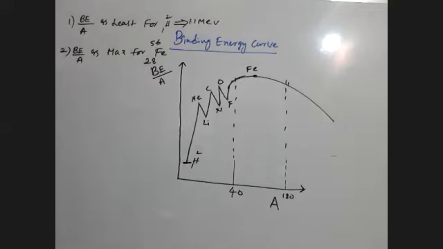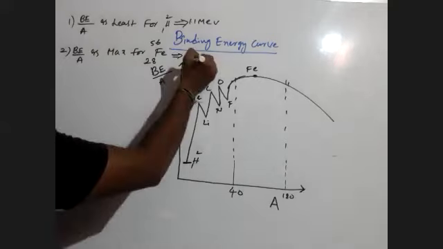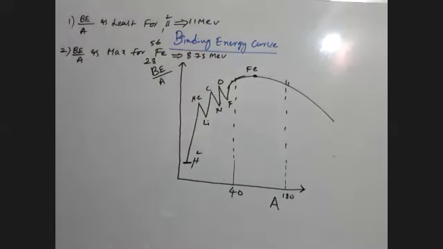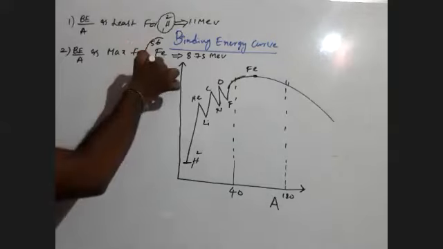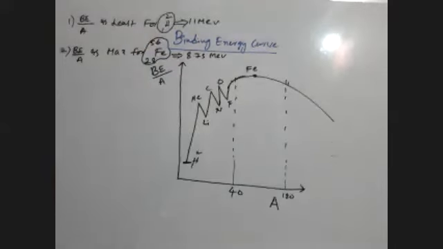For this it is maximum, and its value is 8.75 mega electron volts. The minimum value is possessed by deuterium, H1 2. The maximum value is possessed by iron 28 56, 8.75 mega electron volts.